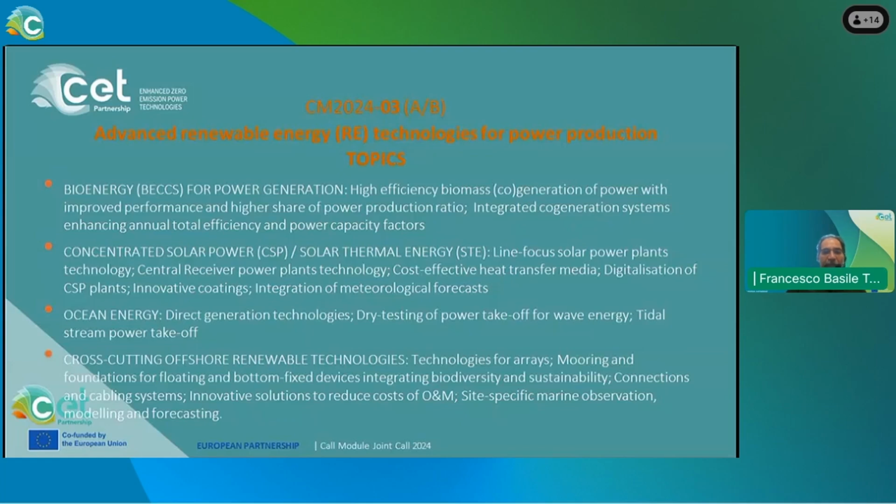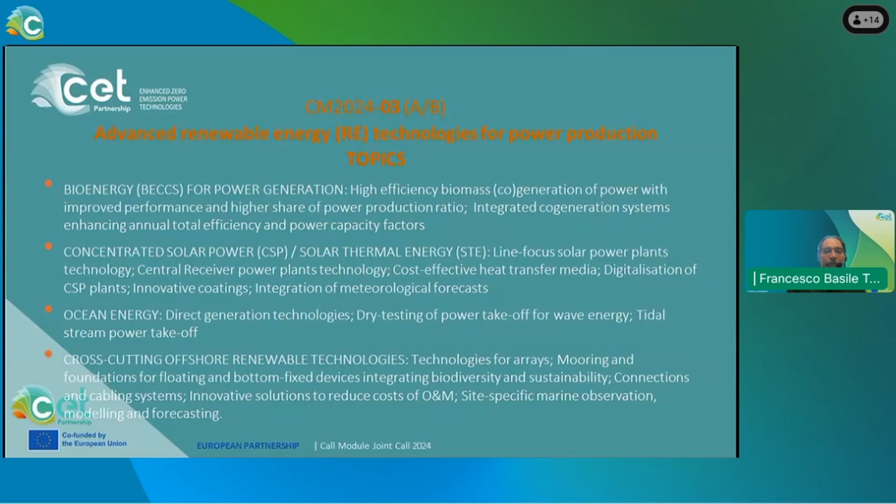A very important point is the cross-cutting offshore renewable technologies, like the mooring and foundations for floating and bottom-fixed devices, integrating biodiversity and sustainability. We know there are a lot of technologies and approaches going on in this perspective, and social acceptance is very important if we look at mass deployment.